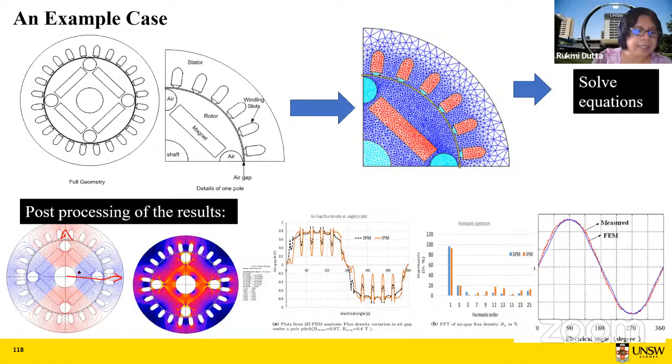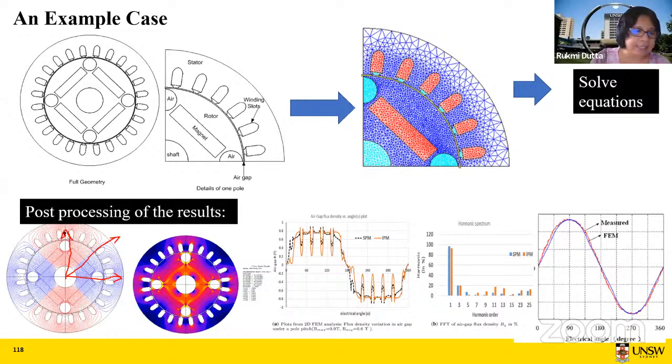Along the d-axis, the flux has to pass the magnet and the air gap, and the magnet's reluctance is the same as air. So it sees a much larger reluctance on its path when it has to cross the magnet.